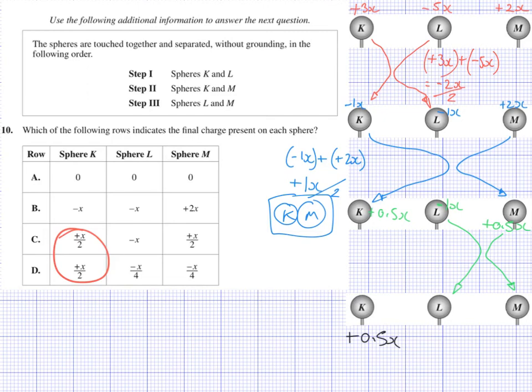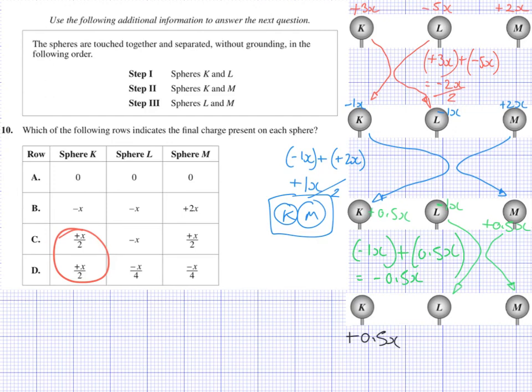So L has a negative 1x, M has a positive 0.5x, so we're going to add those together. Negative 1x plus 0.5x gives us a total of negative 0.5x.